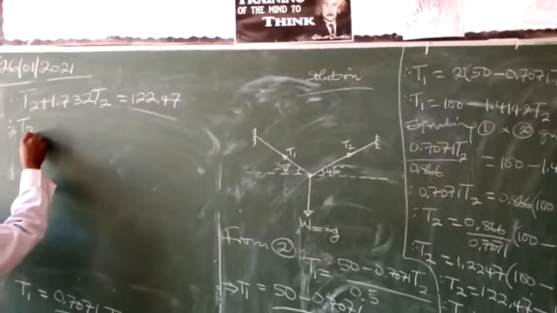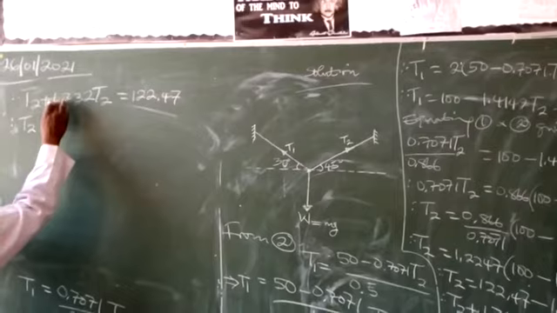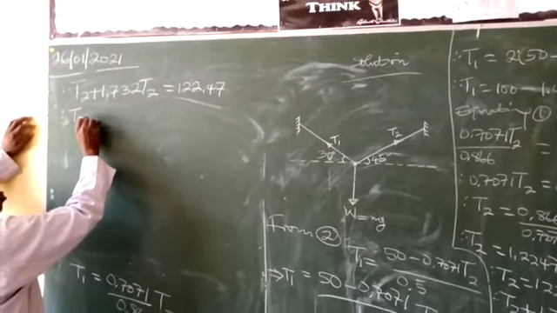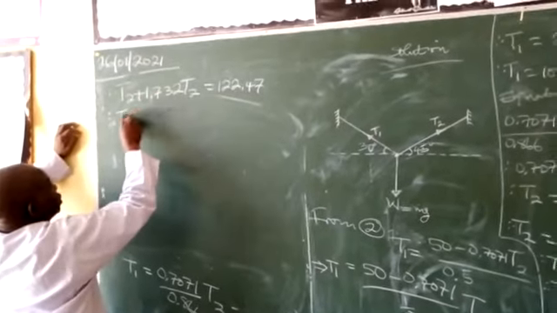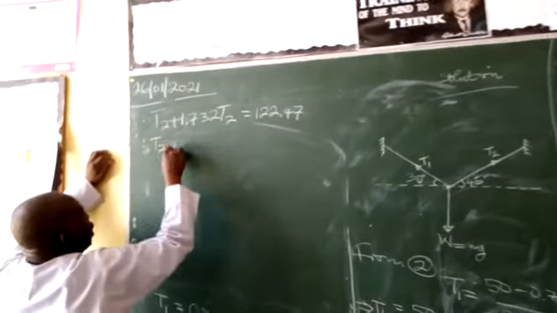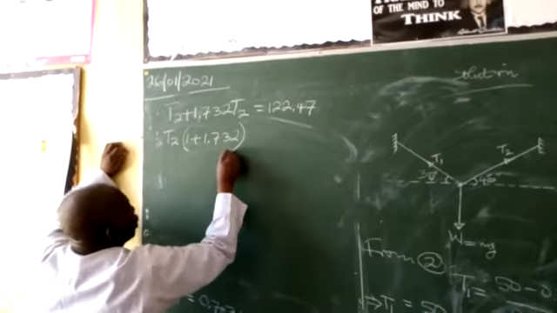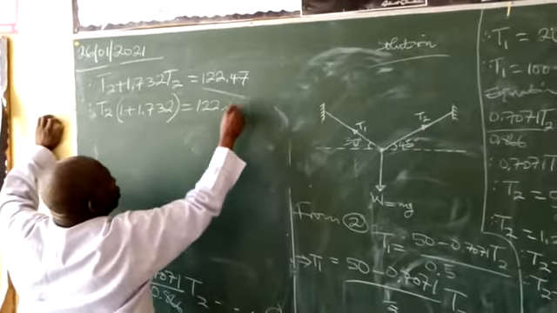T2 is common, so I can put T2 outside, then 1 plus 1.732 in brackets is equal to 122.47.